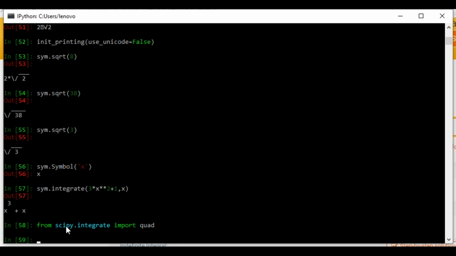How many of you have worked this particular line of code, from scipy.integrate import quad? Please say yes. Is it working? Anyone?